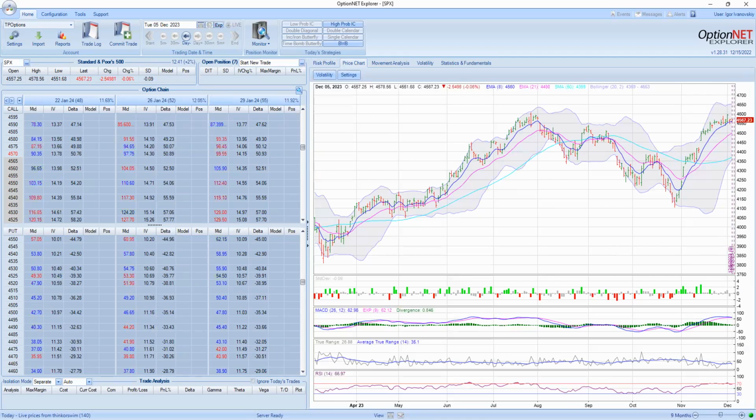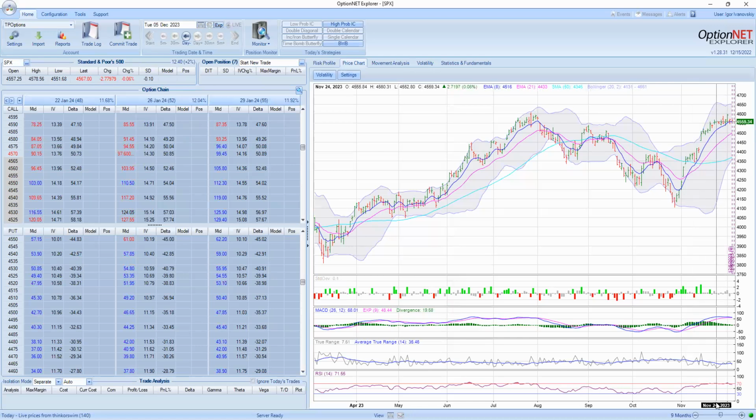Do I want that trade to be long delta? Do I want it to be short delta, or do I want it to be more or less neutral? So I'm going to go with probably a 112 that is a little less bullish than I would normally take. I don't want to take on any more short delta. I have those. I'm going to go with a neutral to slightly bullish.